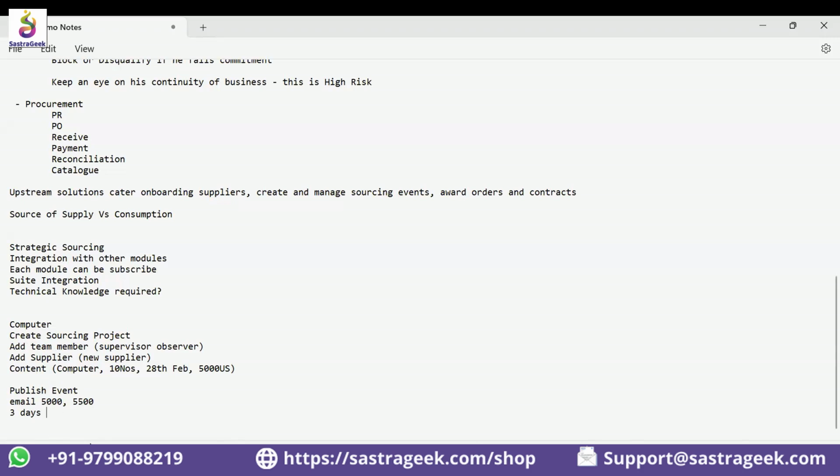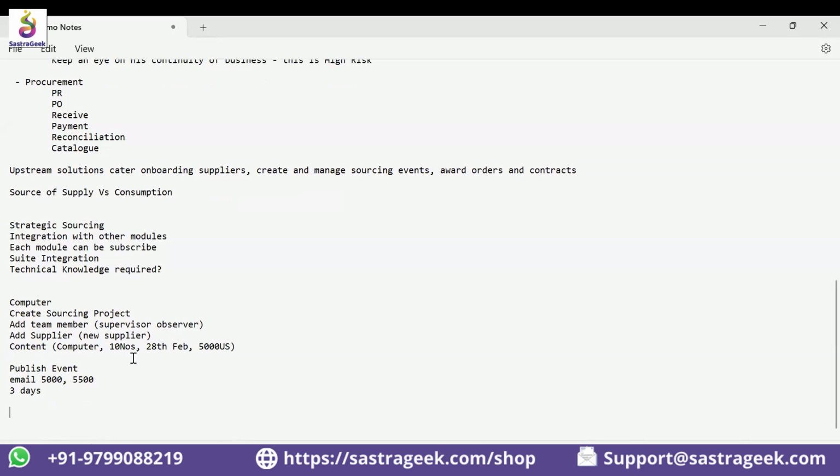Once 3 days is over, you move to selection of a supplier. There are 5 suppliers you have invited, 4 suppliers have responded. From the 4 suppliers, Ariba will give you a screen that also highlights who is the best supplier based on the system's knowledge, like the lowest price.